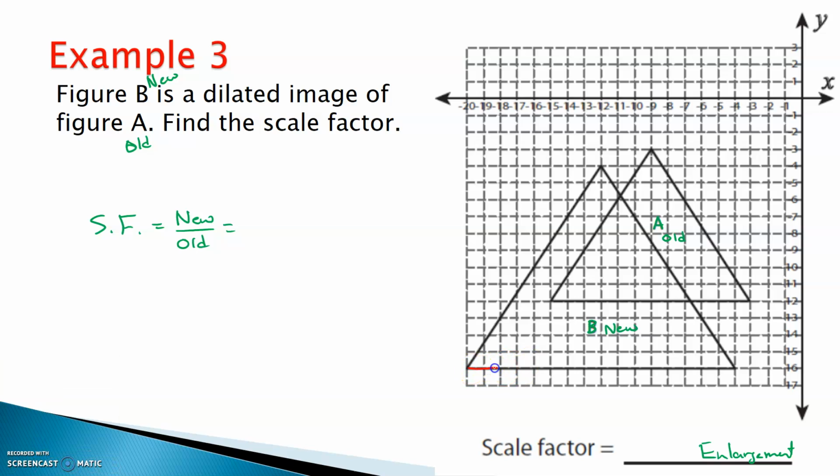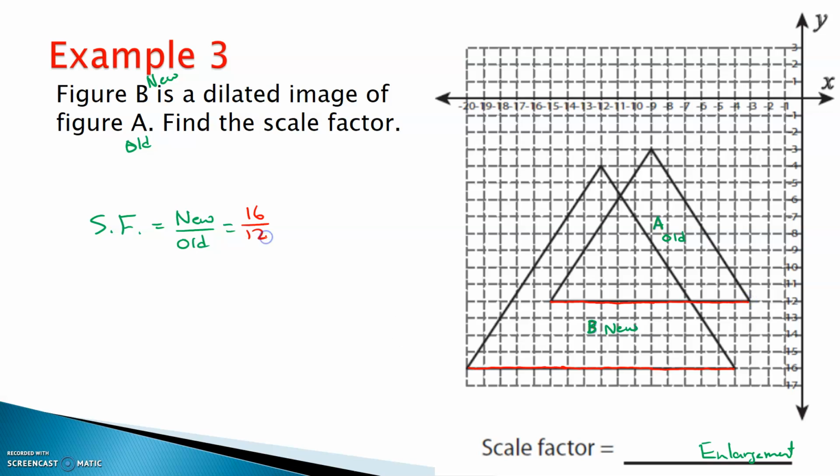So the new one is 1, 2, 3, 4, 5, 6, 7, 8, 9, 10, 11, 12, 13, 14, 15, 16 units. All right. What about the old one? The old one was 1, 2, 3, 4, 5, 6, 7, 8, 9, 10, 11, 12.